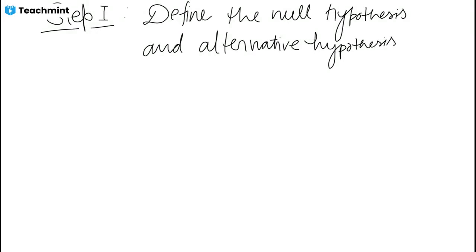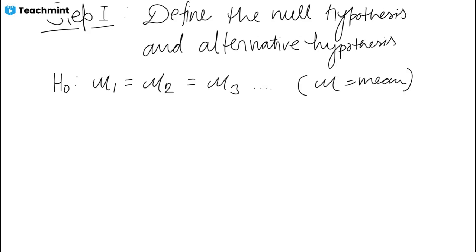Like H0, we are taking mean of all groups equal. In null hypothesis, we are taking all means of all groups equal. So for the alternate hypothesis, they won't be equal.